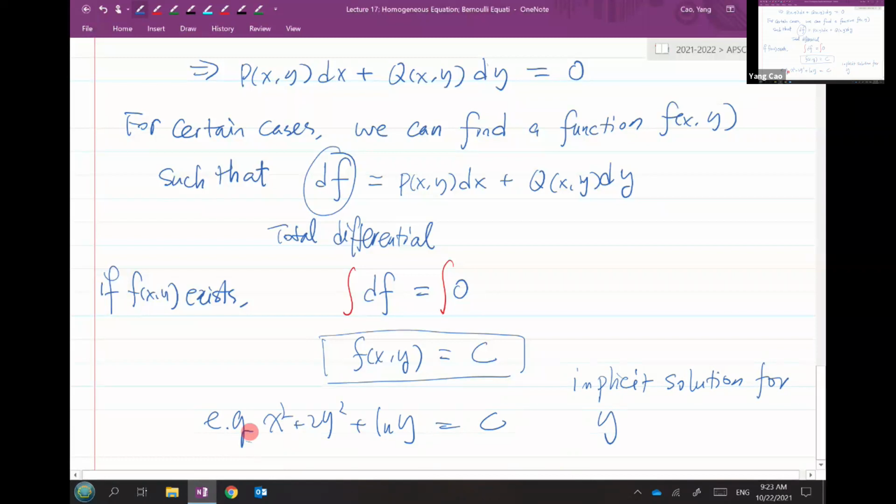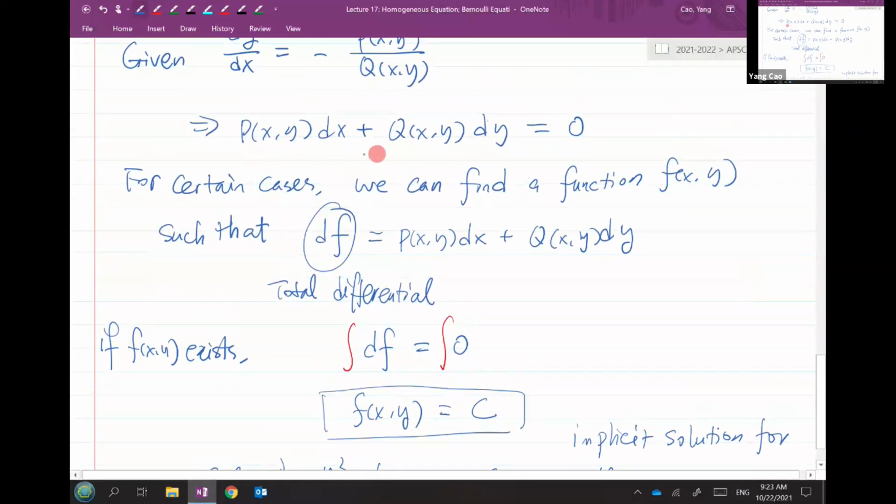As you can see, the key here is, when you see a function in this kind of format, do we have a function f of x, y, and does it exist or not? And if it exists, how do we find that f of x, y?